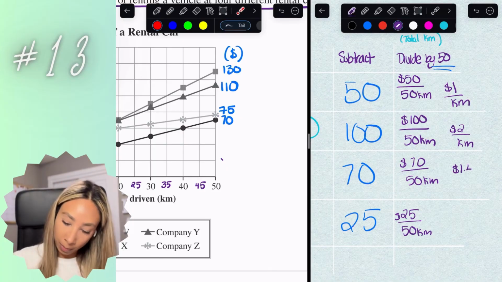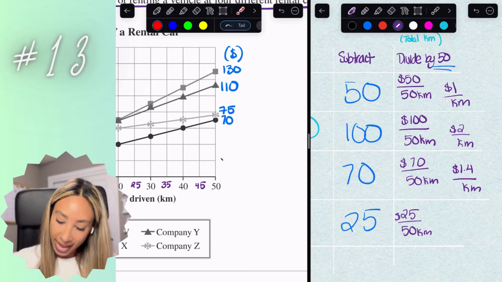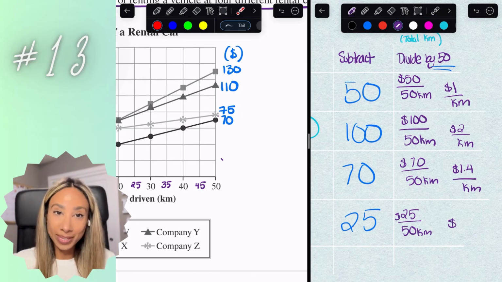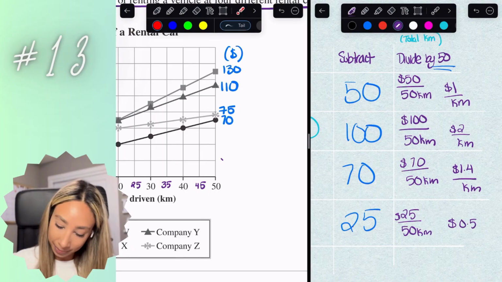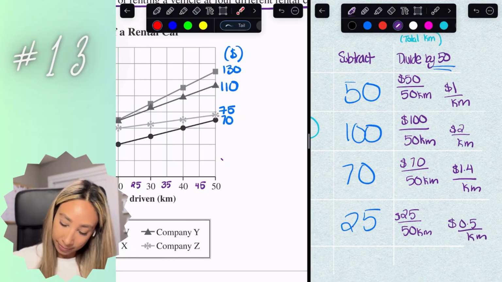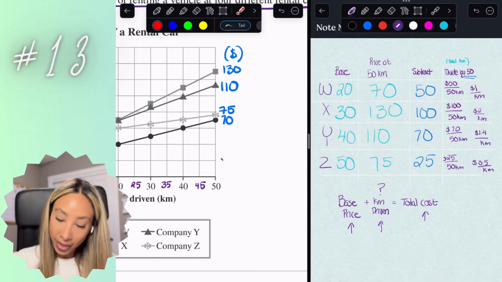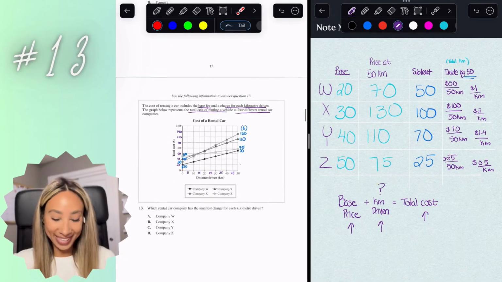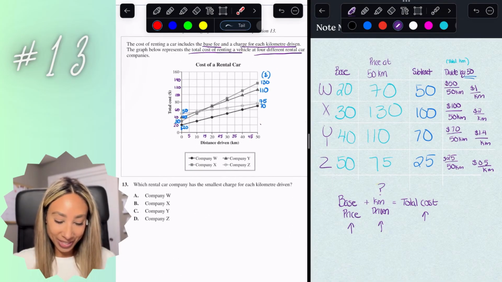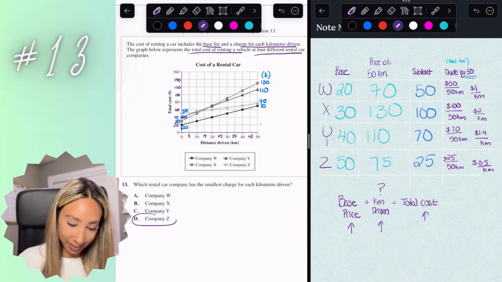This one's going to be 1.4. And finally, our last one is going to be 50 cents. So that means our last company is our answer. So the answer to this question is question D.